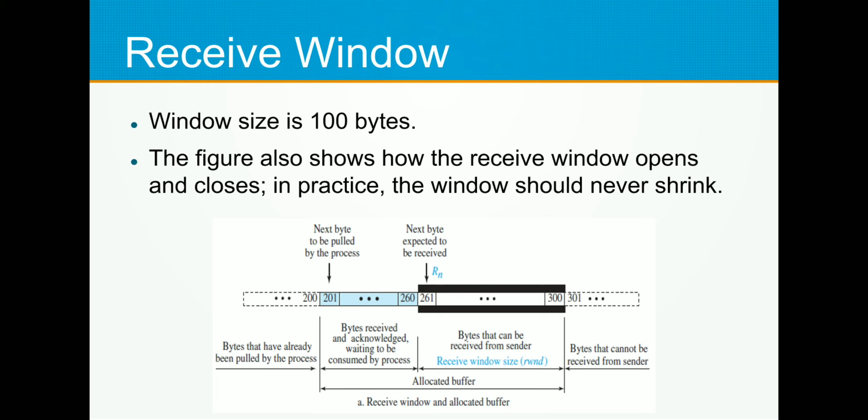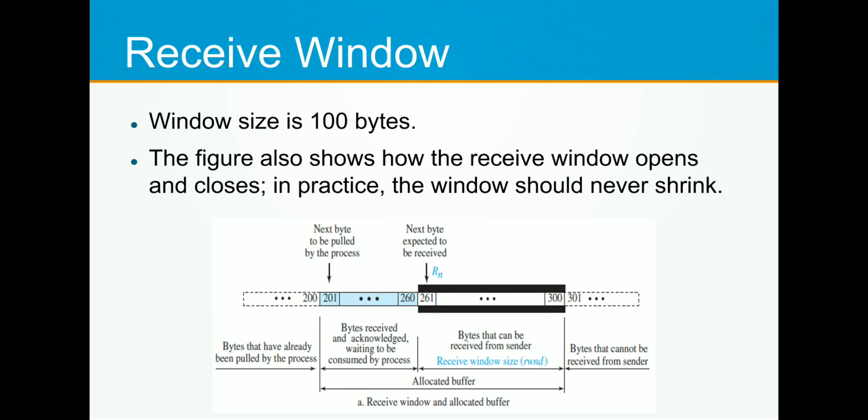By closing, the left wall moves to the right; by opening, the right wall moves to the right. However, in actual practice the receive window should not shrink. It is clearly determined by the receiver, and this is not going to change.